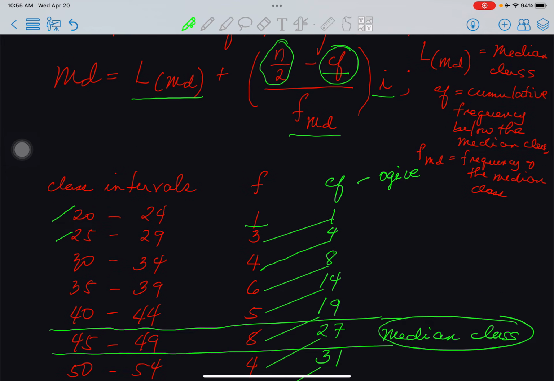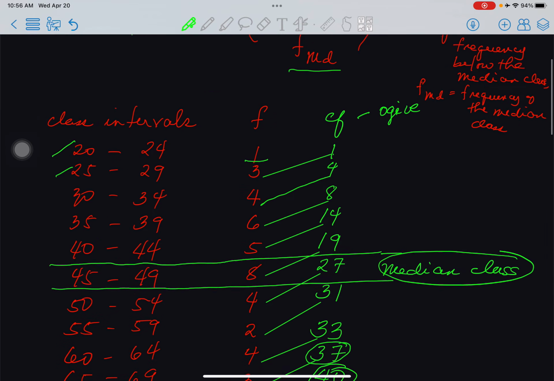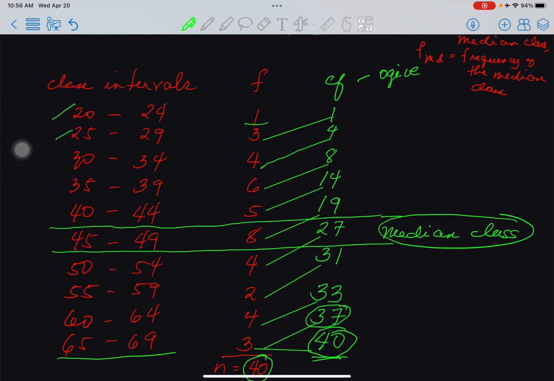Otherwise, you will be getting a negative difference. That's the way of getting your median class. So here, your median class lies from 45 to 49, and we can determine that your median belongs to this class interval.